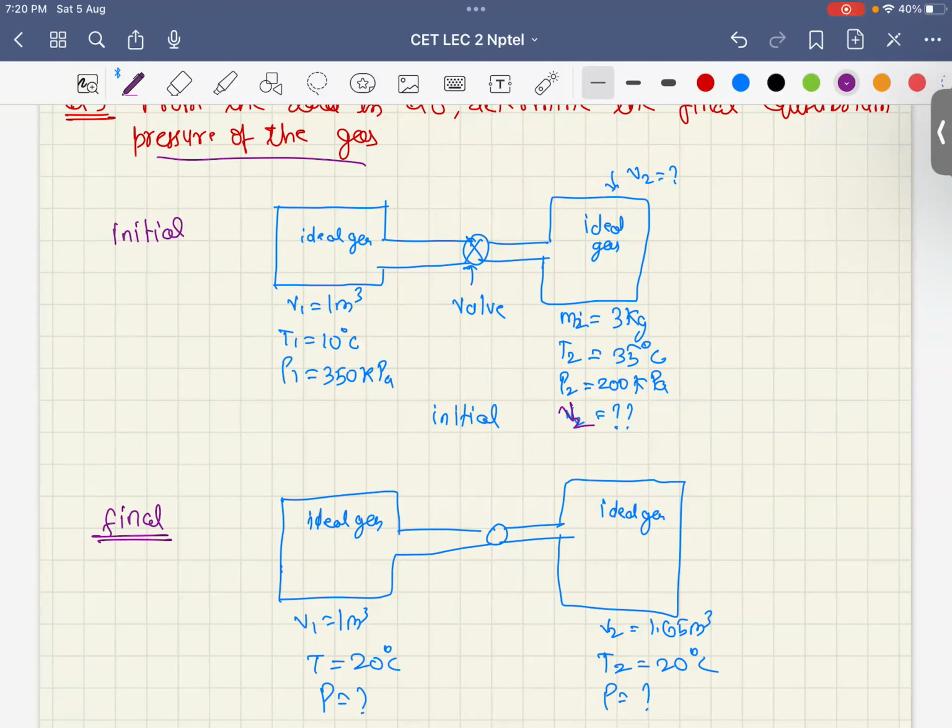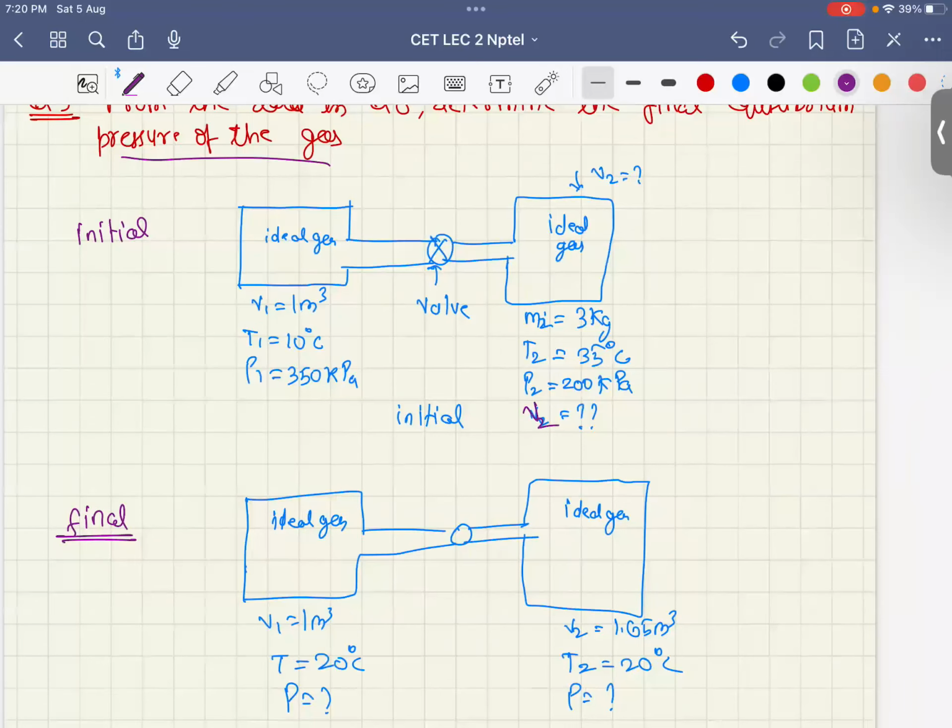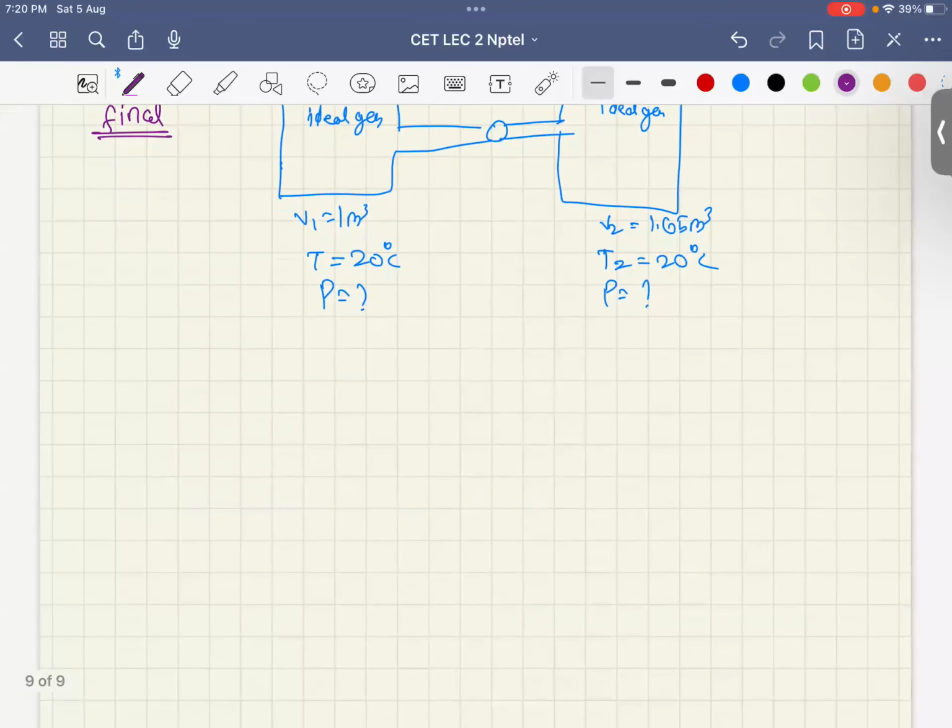This is a bit calculative part, so I'll give you a couple of minutes to solve it. Options I have to give. Option A, 264 kPa.